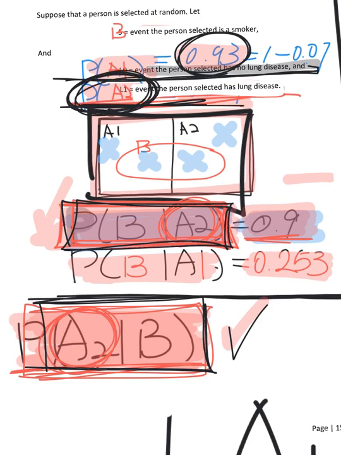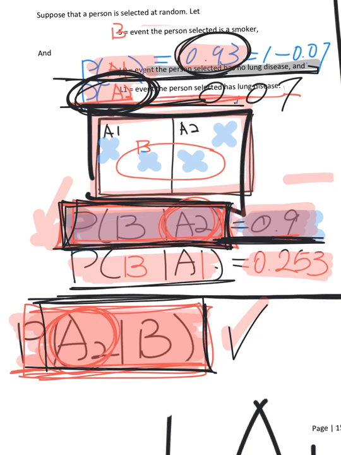How much was that? 0.07, which was given. Take a picture, that is a good idea. And we had B given A2, which was 90%, and B given A1, which was 0.253. And now, I ask you, what is the probability of A2 given B?